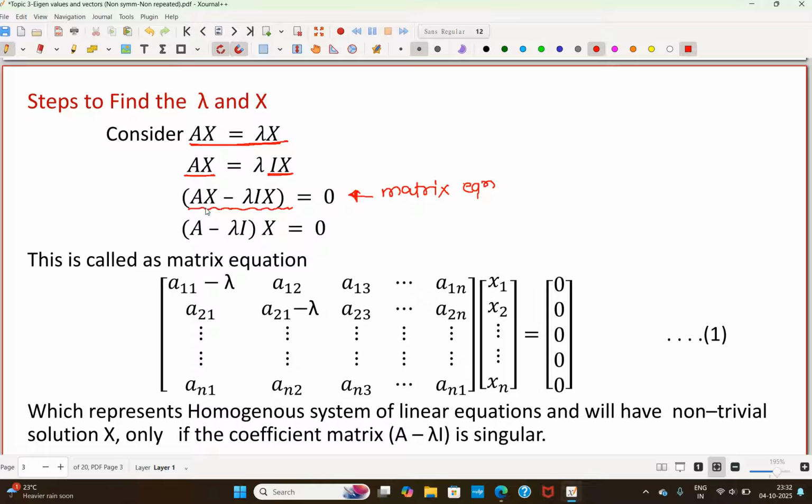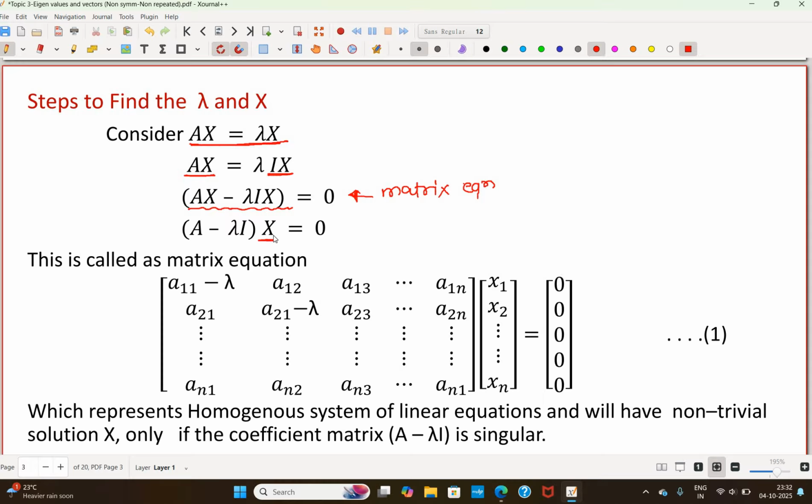Now when we take this term to the left hand side, it again represents a subtraction of two different matrices of similar order, so that subtraction is compatible and possible. Right? So A minus lambda times I into X is equal to 0.